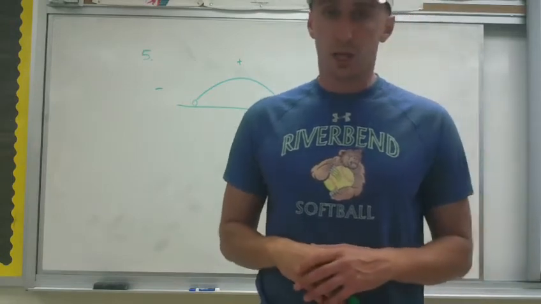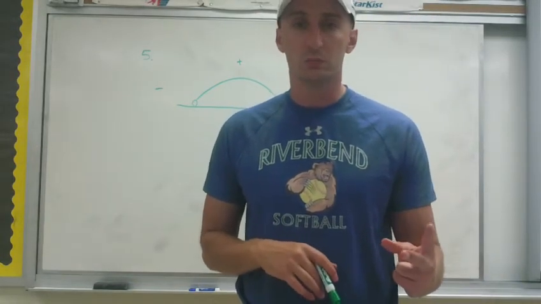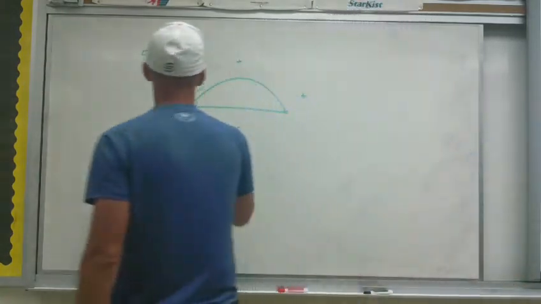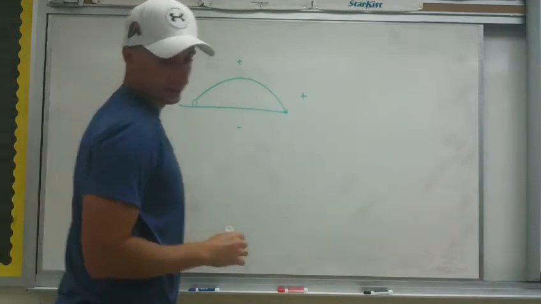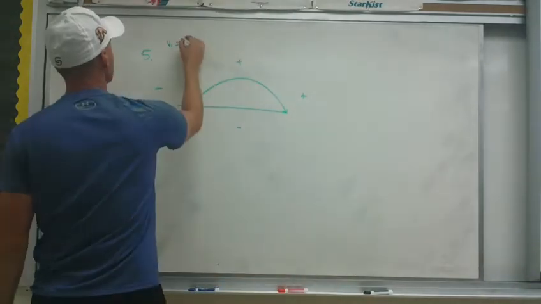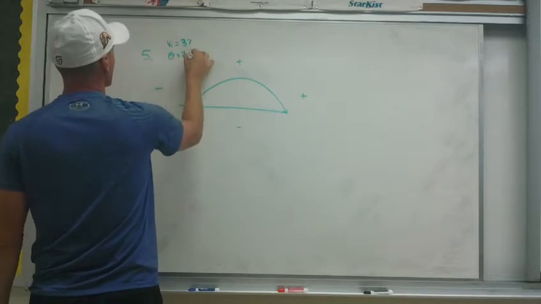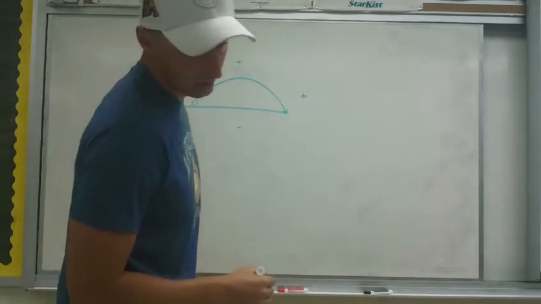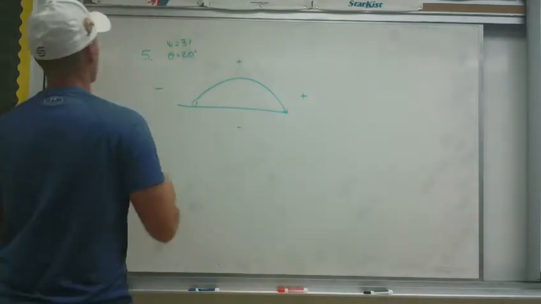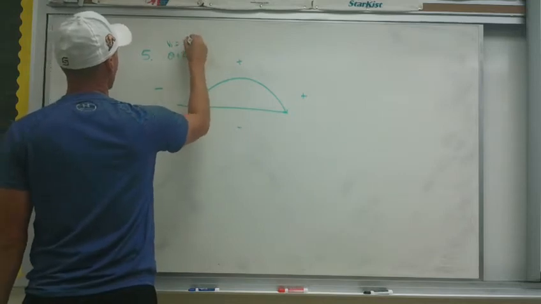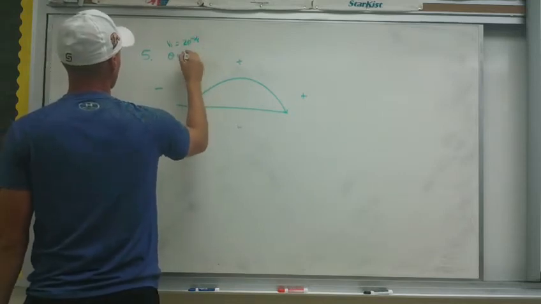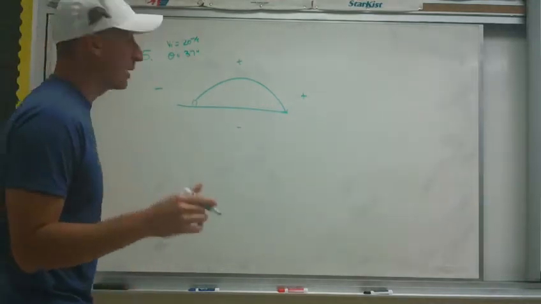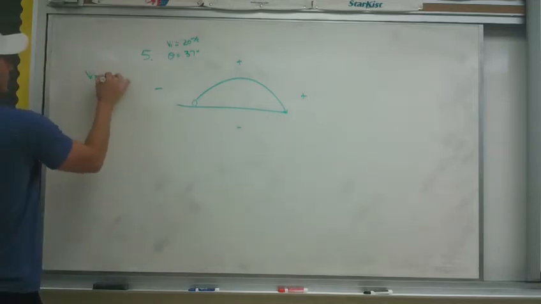This problem gives me a velocity and an angle. Remember, the first thing you should do is find Vix and Viy. They give me Vi, which is 20 meters per second, and theta, which is 37 degrees. I had that backwards at first. Before you do anything with this problem, you have to find Vix.